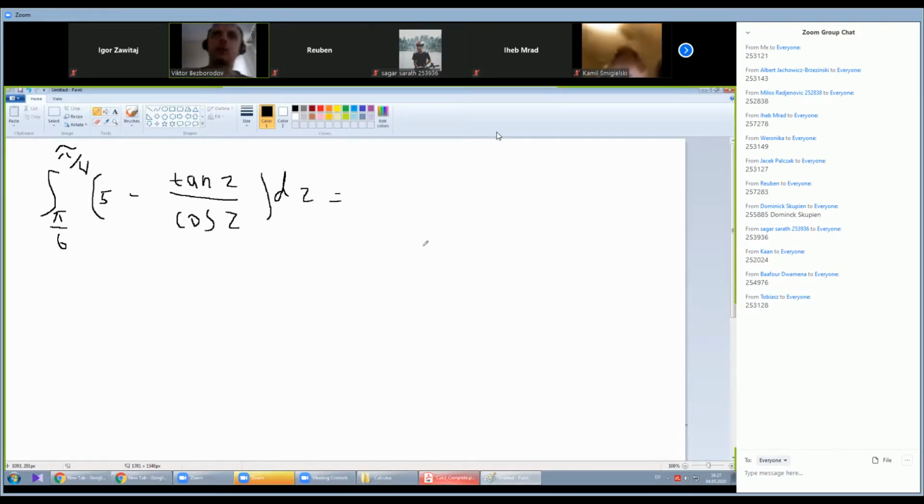Okay, let us do this. First we rewrite tangent as sine divided by cosine. So we get this integral with the same limits: 5 minus sine z divided by cosine squared z, dz.